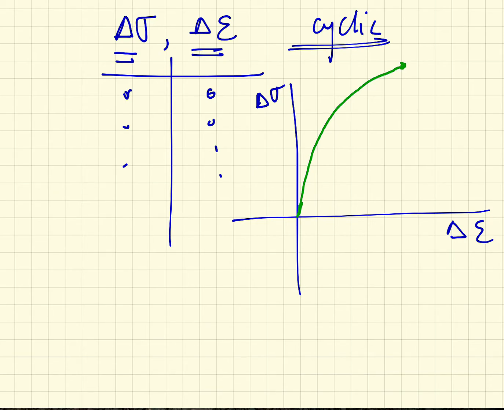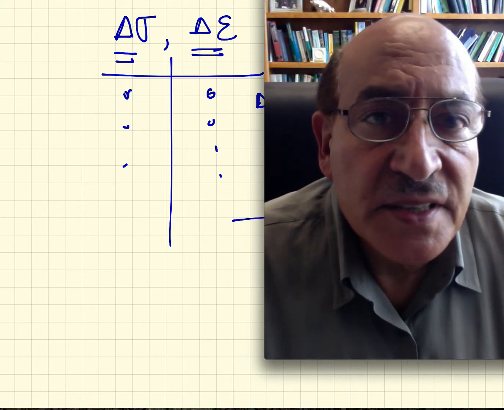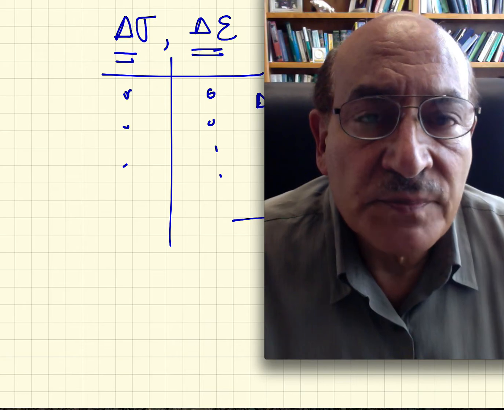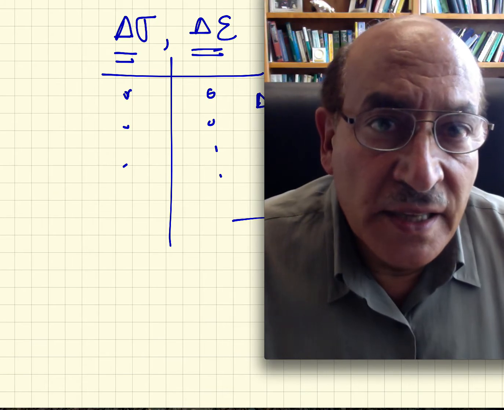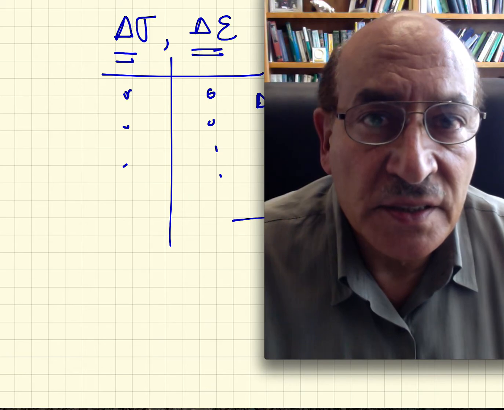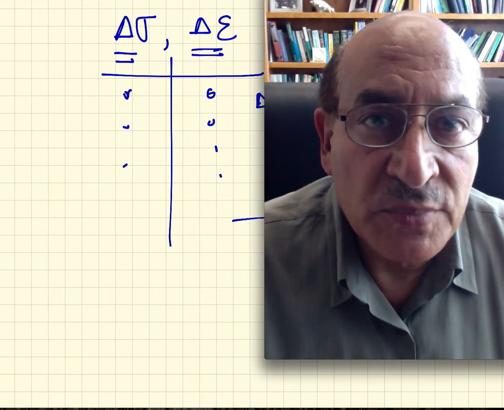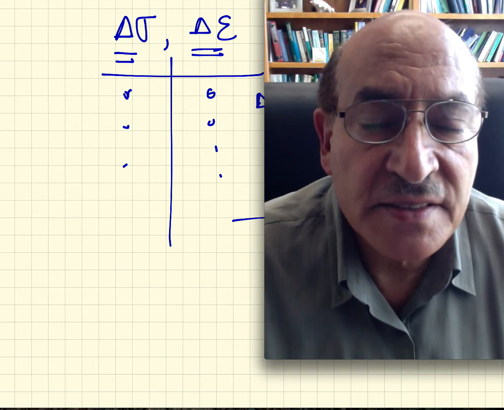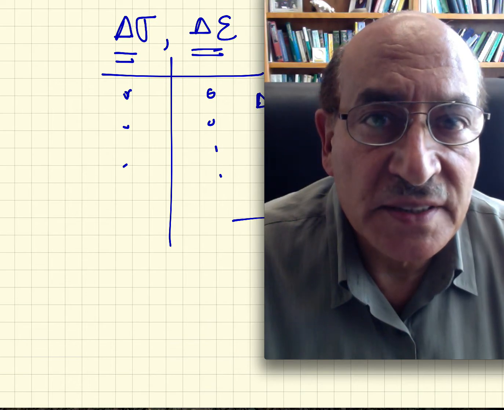This is very similar to the stress strain diagram in uniaxial testing, but the difference here is that we have to make many experiments, each one involving many cycles, until we get to the saturation cyclic behavior of a saturated plasticity loop. From that, we extract only two numbers corresponding to the tip of that cyclic loop, and that is the relationship between delta epsilon and delta sigma.